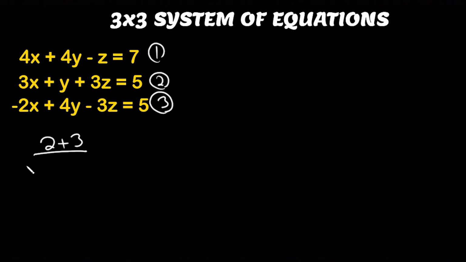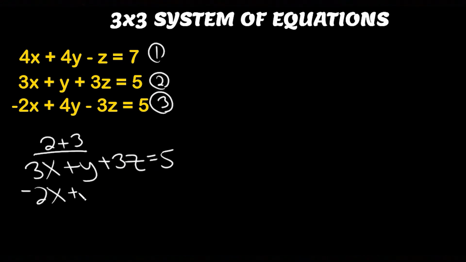So just rewriting the equations, I have 3x plus y plus 3z equal to 5. Okay? Then if I take a look at equation 3, I have negative 2x plus 4y minus 3z, equal to 5, okay?